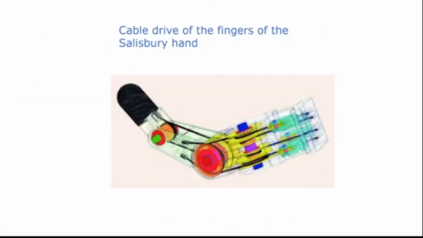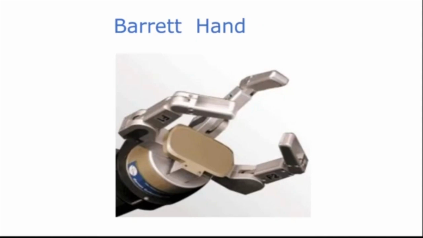This is showing the internal construction of the finger motion. Okay, so there are cables. These cables are going through the pulleys, and then are connected to particular joints. Like this is connected here. This one, the cable is connected here. So when this cable tension changes, what will happen? This joint will move. Okay, that is how the fingers of a multi-finger hand move.